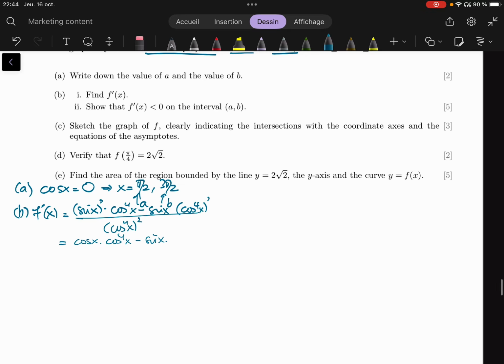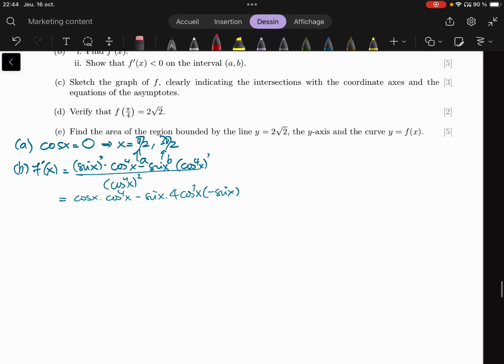Cos of x times cos to the 4, minus sine of x times 4 cos cubed of x times negative sine of x. Do not forget the chain rule here.